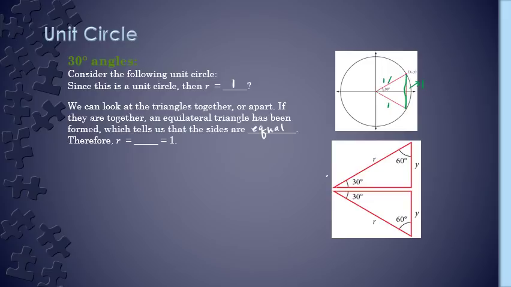And so if we break apart the triangle, we see that these two y's must add to 1. So we can say that the radius is equal to 1, which is the same thing as 2 of those y's.